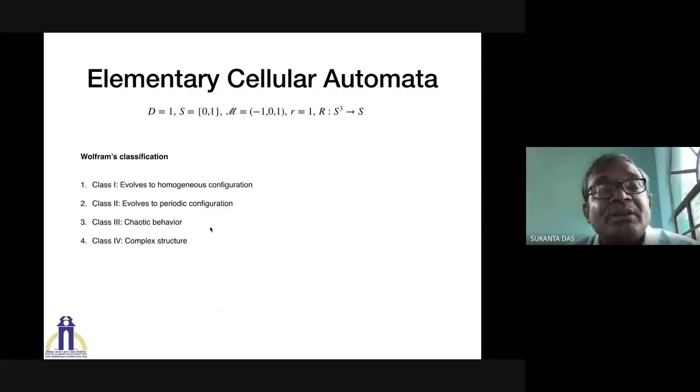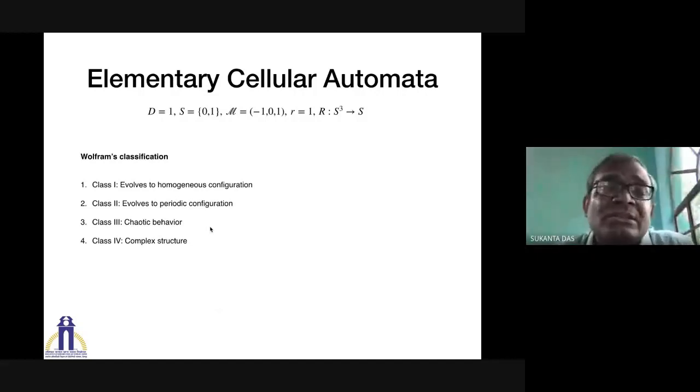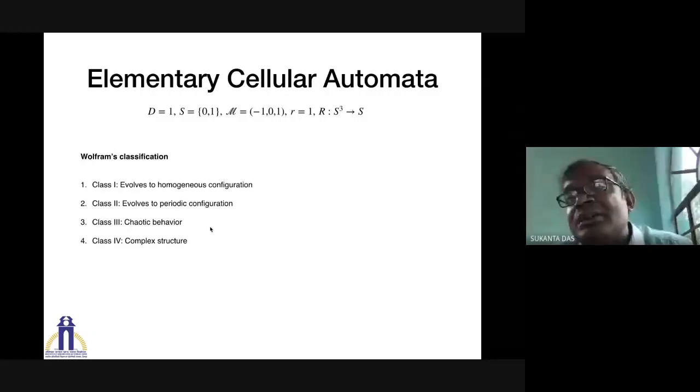Anyway, there are 4 classes. I have just stated the names of the classes. What is chaotic behavior? We shall discuss that in this course. What is computational universality? That also we'll discuss later. Here I have just given the specification, stating that a simple structure can show this kind of interesting behavior.